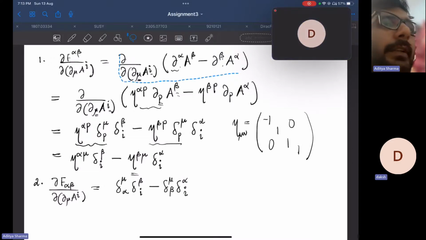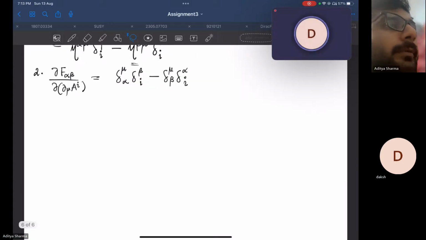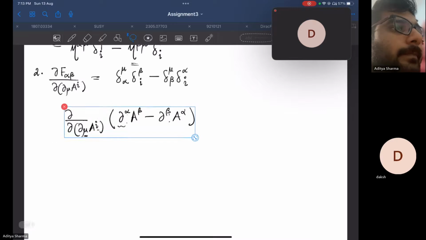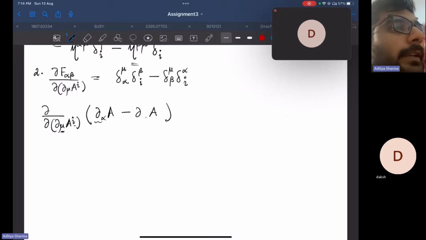So you will use this. Let me do it very quickly, in one minute calculation. So that means you have alpha beta and beta alpha below. That is like this.